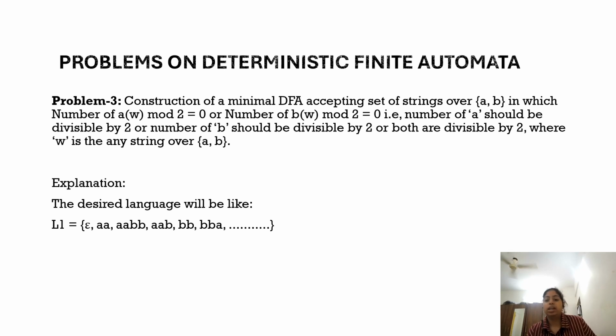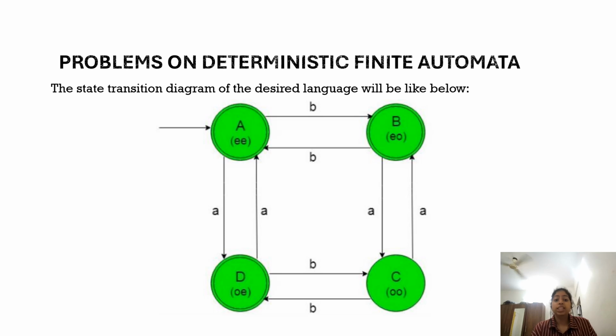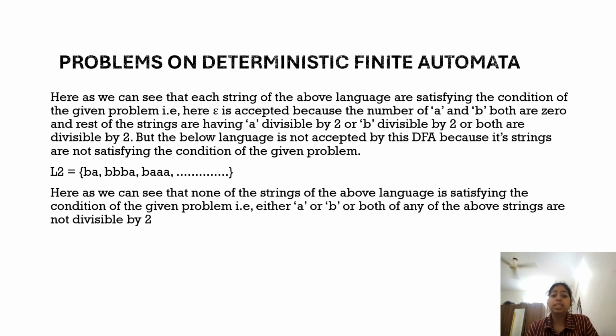Now, next we will look at the transition diagram. The state transition diagram for the desired language will look like below. Here we can see that each string of the above language satisfies the condition of the given problem.